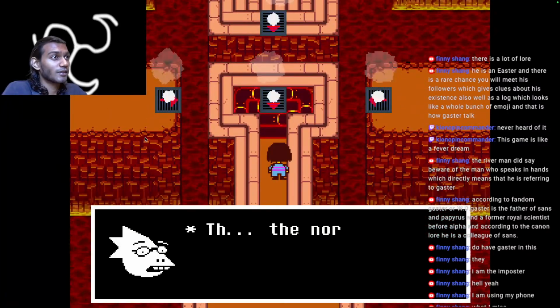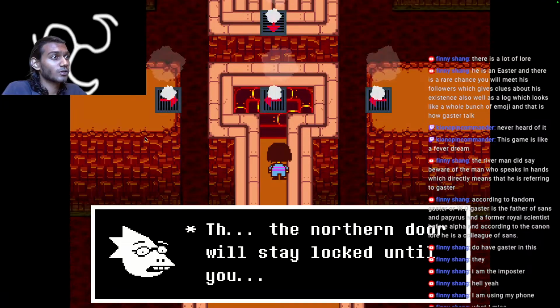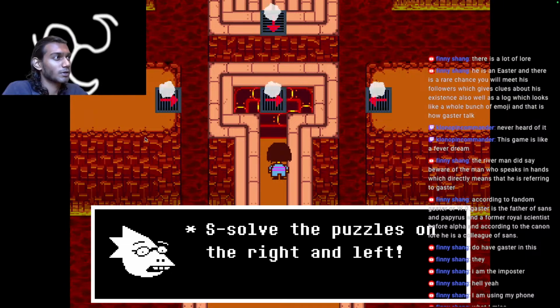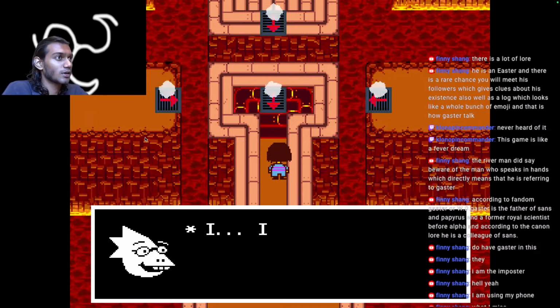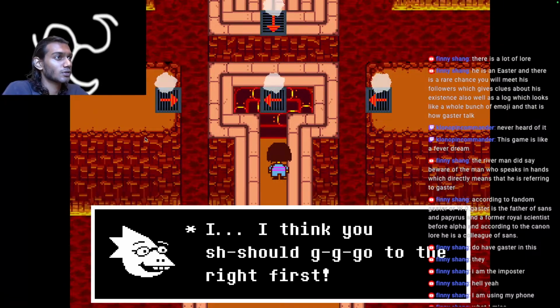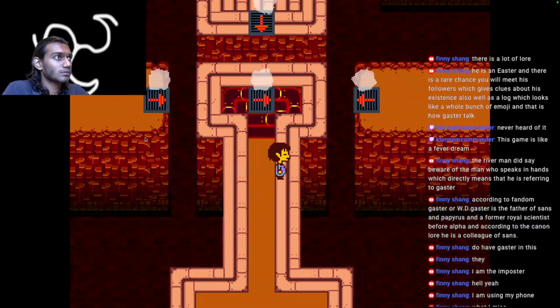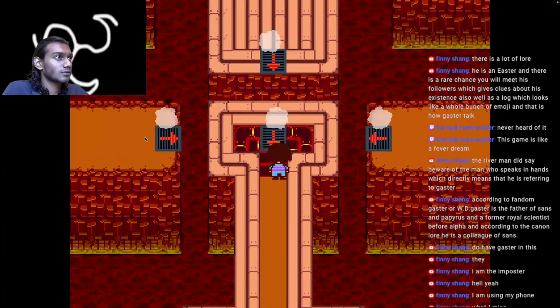Alphys here. The northern door will stay locked until you solve the puzzle on the right and left. I think you should go to the right first. How do you go right?